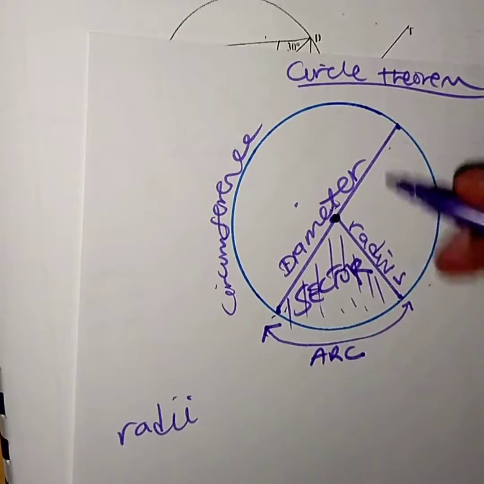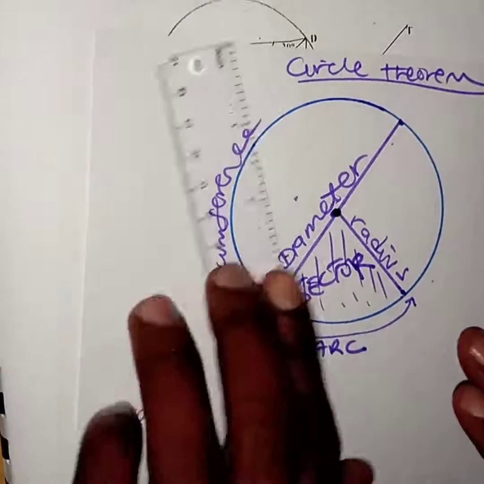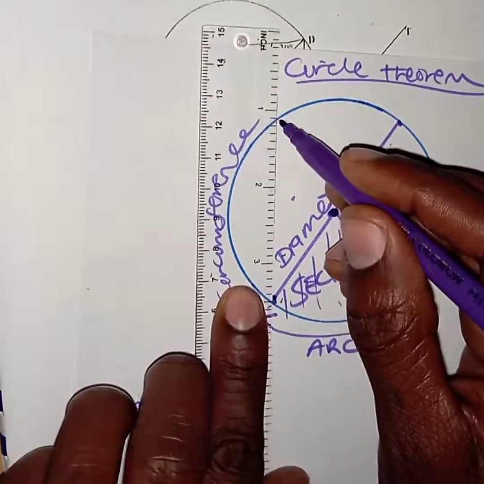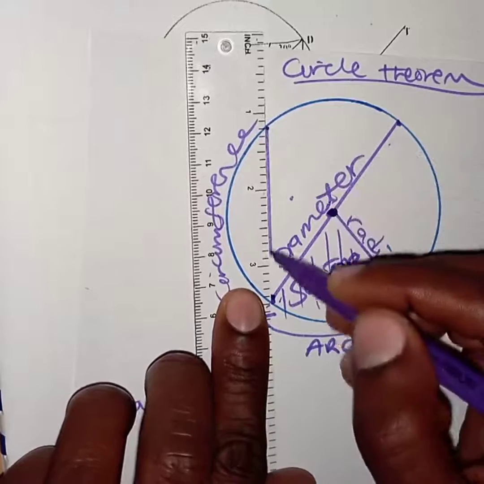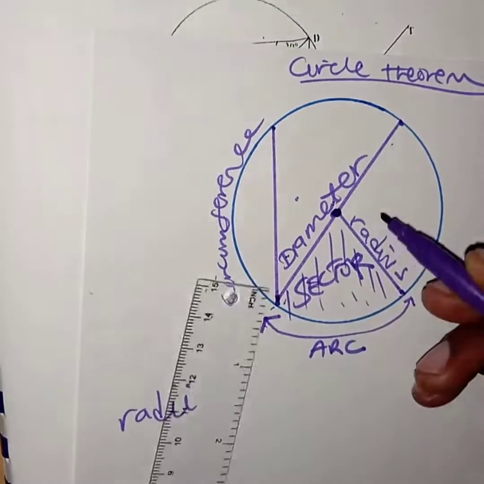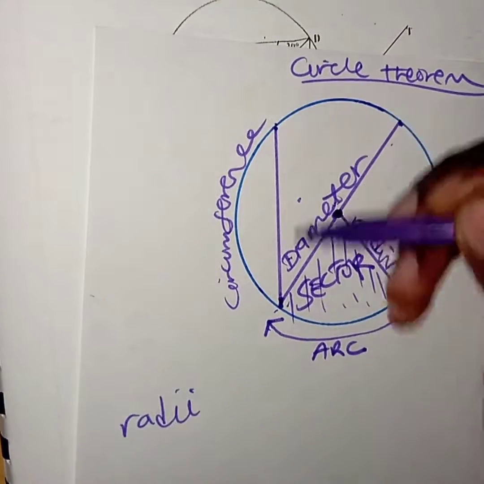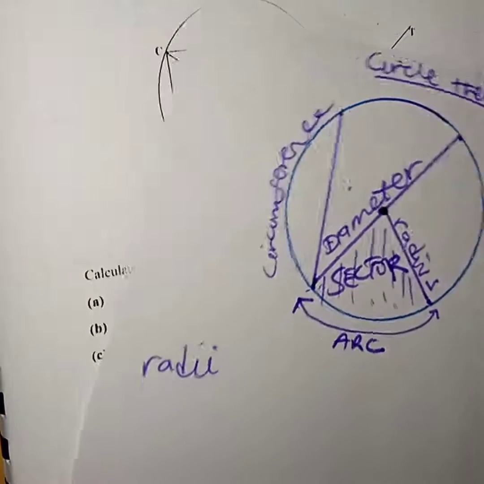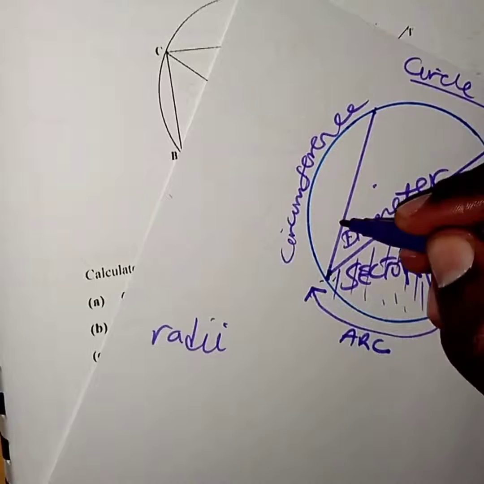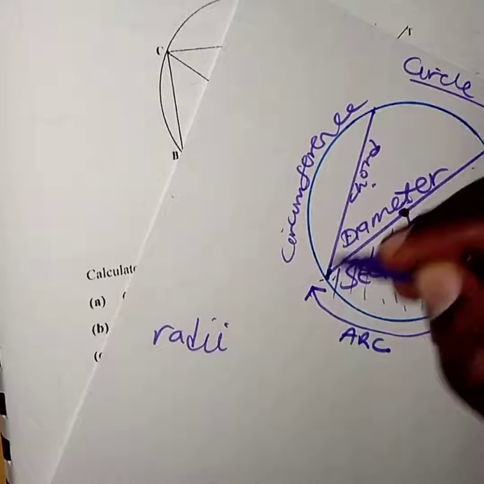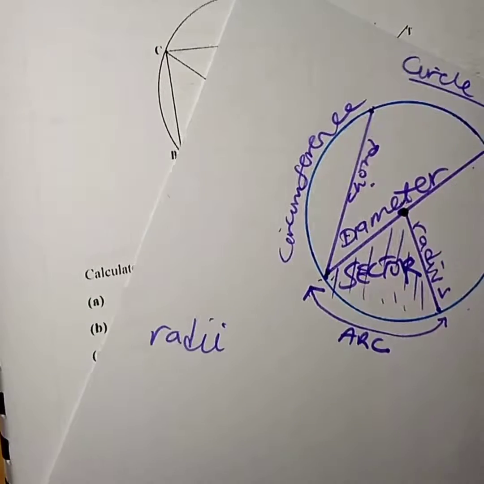Okay, now remember we had a diameter cutting the circle into two equal parts. Now let us draw another line. This line won't cut the circle into two equal parts, but it touches both ends of the circumference. This line is a chord.